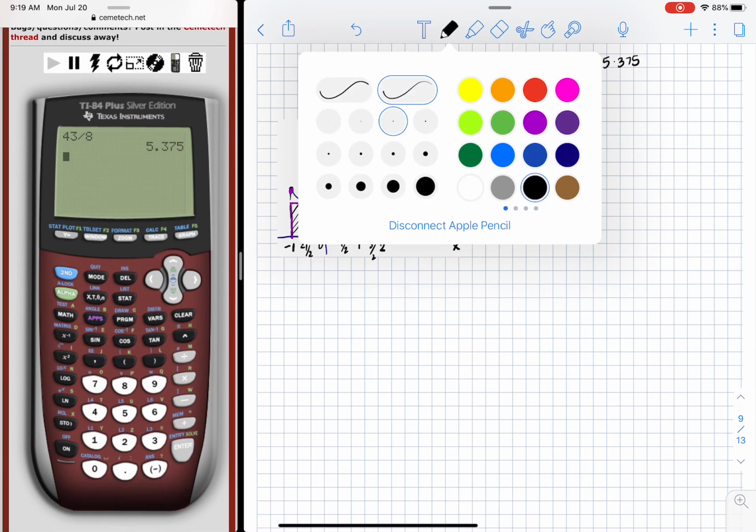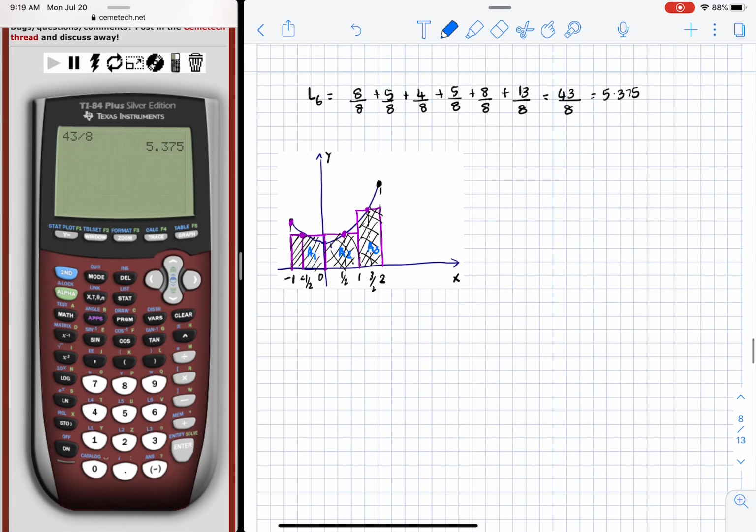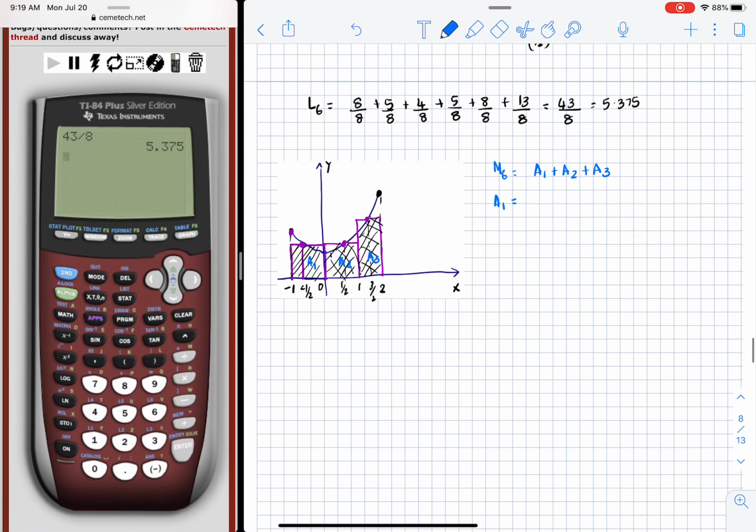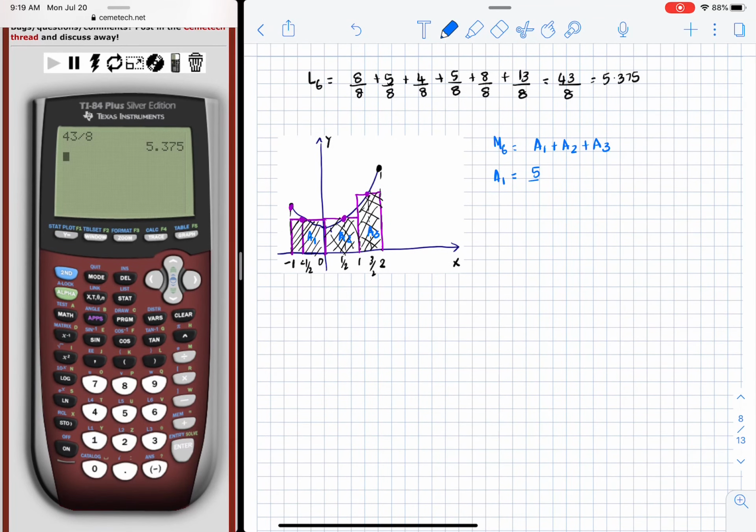So call it A1, A2, A3. So based on the midpoint, the areas are A1 plus A2 plus A3. A1 is the height at -1/2, which we know is 5/4 times 1/2. Y there is 5/4.